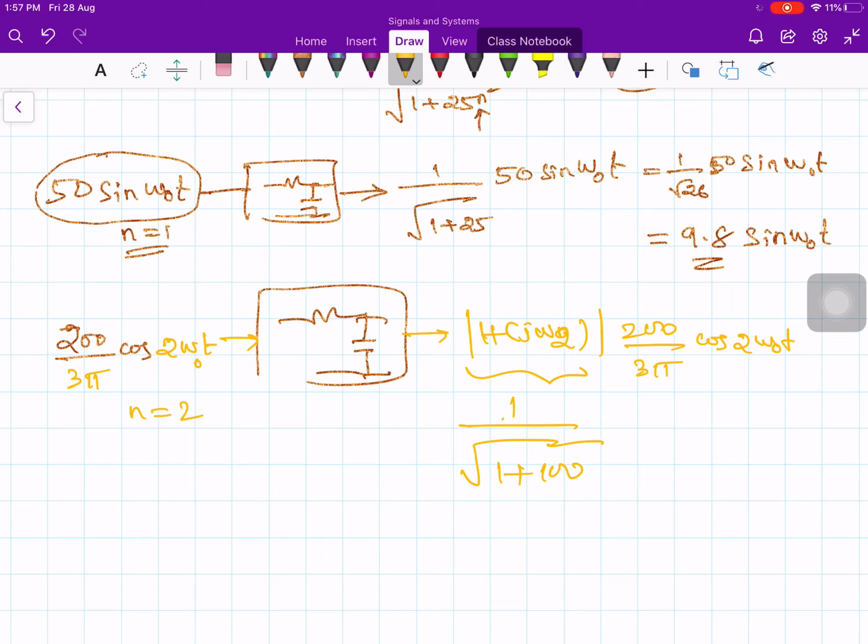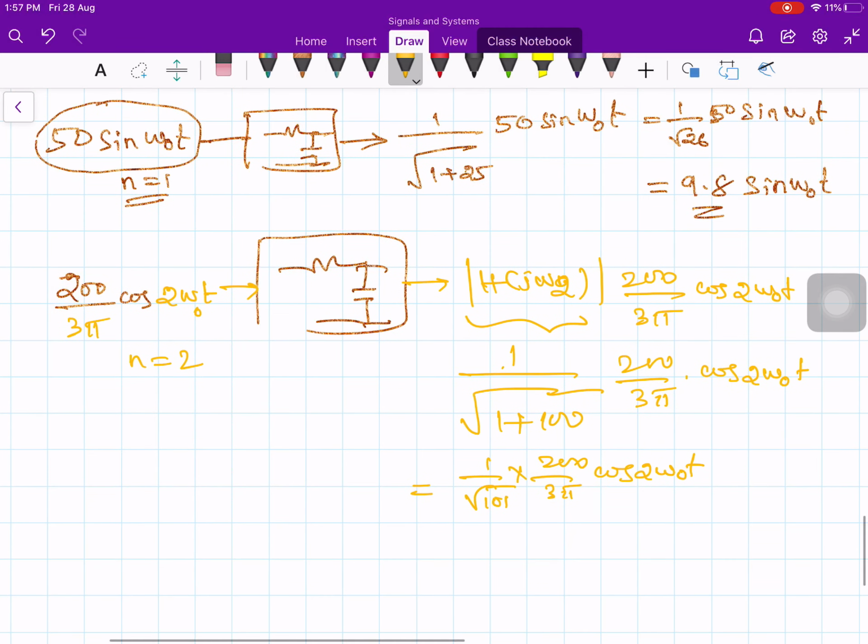1 by square root of 1 plus 100 times 200 by 3 pi times cos of 2 omega naught t. So what is the output? 1 divided by square root of 101, in the numerator multiply by 200 by 3 pi cos of 2 omega naught t.